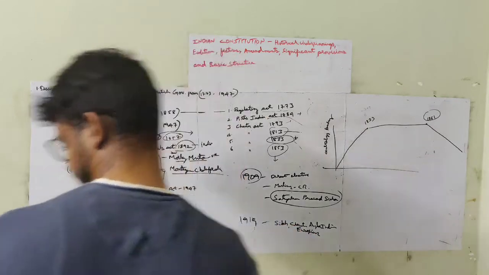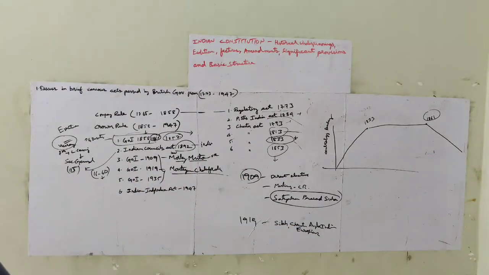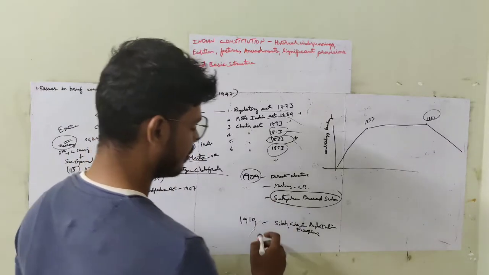And diarchy and bicameralism also came through this act. In this act, the rules were known as devolution rules.